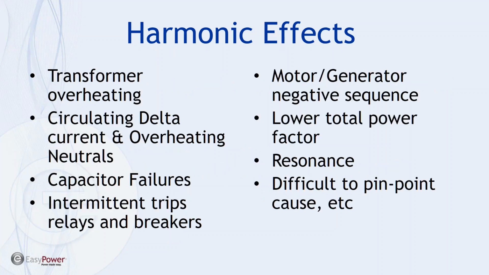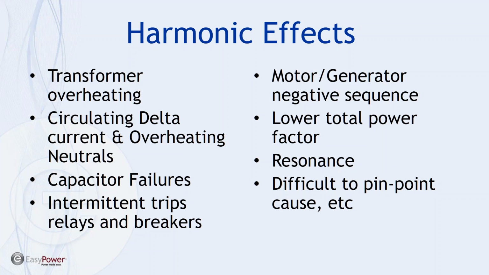Now, harmonic problems can manifest themselves in elements that are overheating. Frequently, we can see circulating current in delta transformers because of high harmonic current in the neutrals.